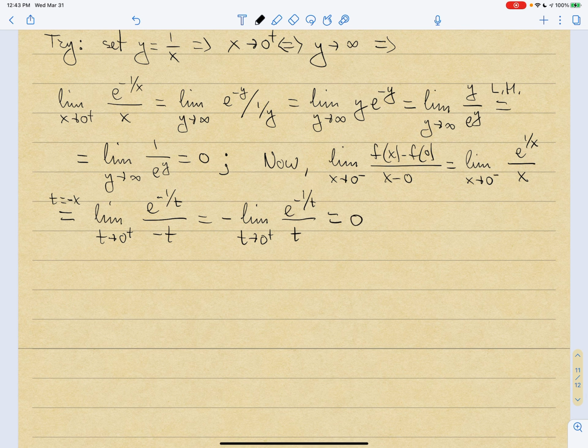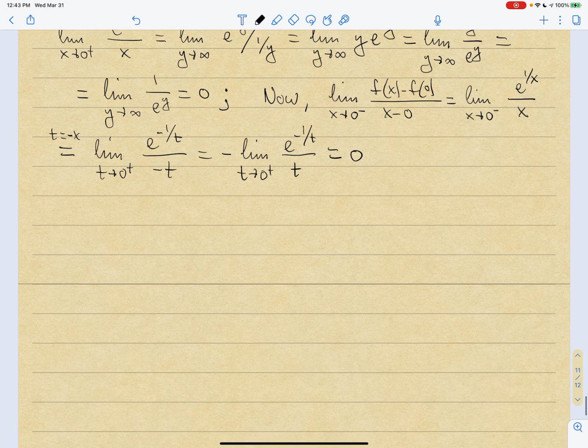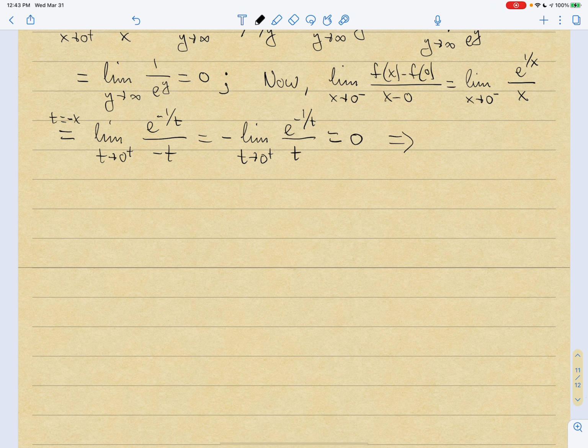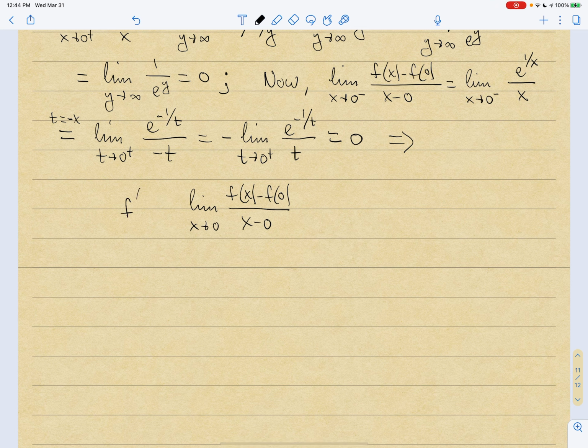And so now we have a limit from the left is 0, limit from the right is 0, and so therefore the limit x goes to 0 of f of x minus f of 0 divided by x minus 0, which actually is the definition of a derivative of f, right, is equal to 0.